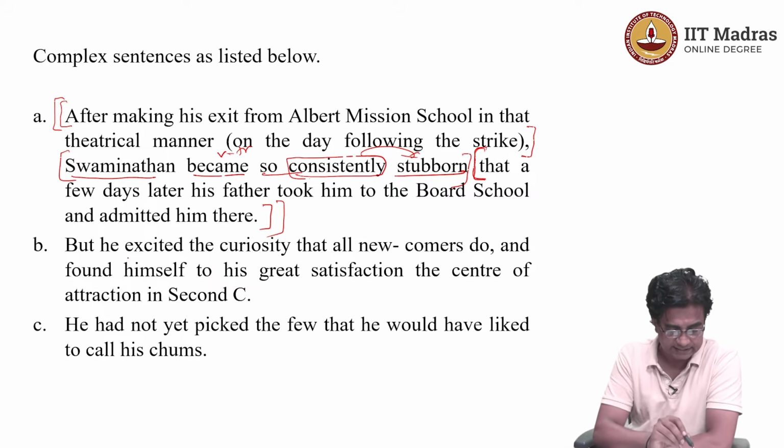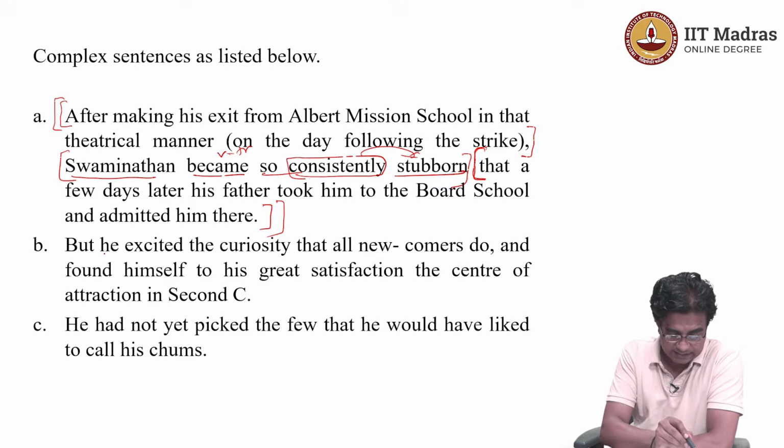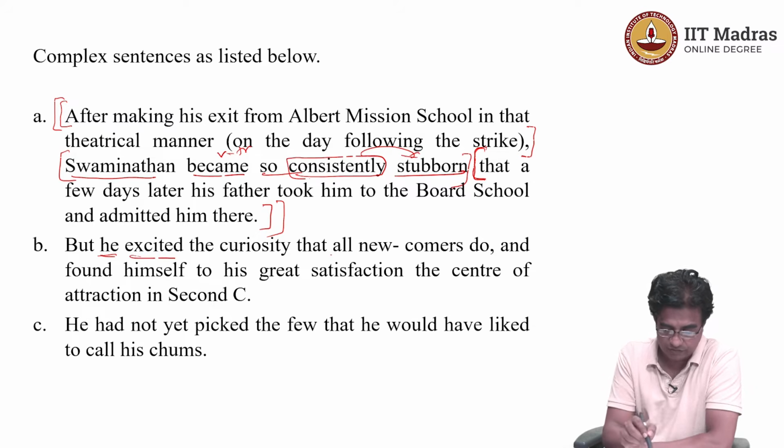Look at the second sentence. But he excited the curiosity. He excited the, he is the subject, excited is the verb, the curiosity. That all newcomers do, and found himself to his great satisfaction the center of attraction in C. Look at this.